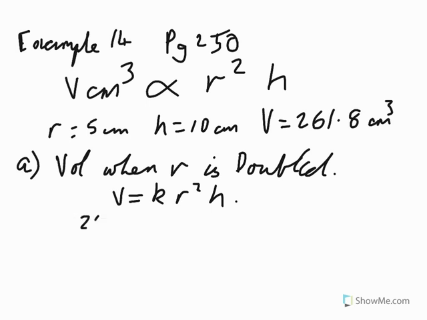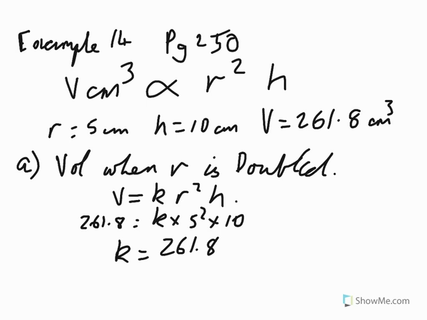First of all, we can say that 261.8 equals k times R, the radius, which is 5 squared, times 10. So k will be 261.8 over 250, if we like. And so that's 1.0472 to four decimal places.